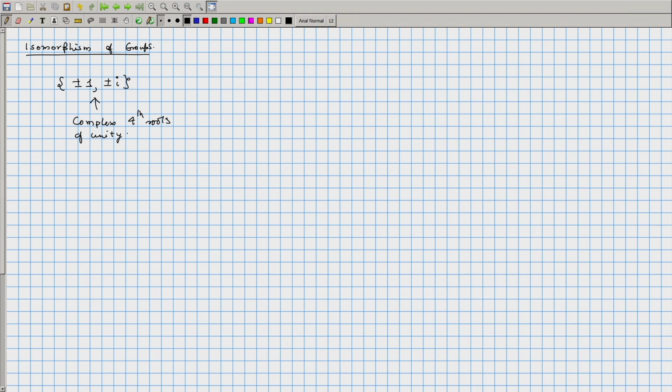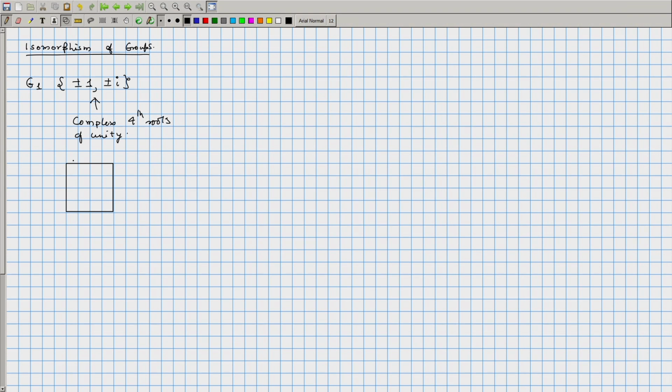These are elements such that you can multiply them. So, for these 4 elements the complex multiplication is well defined, you can combine them, and you can verify that these form a group. Let me call this G1. If I write the multiplication table for this, it will look something like this.